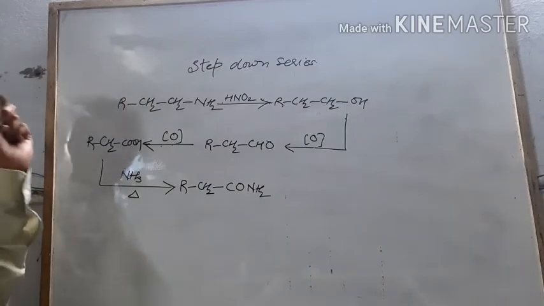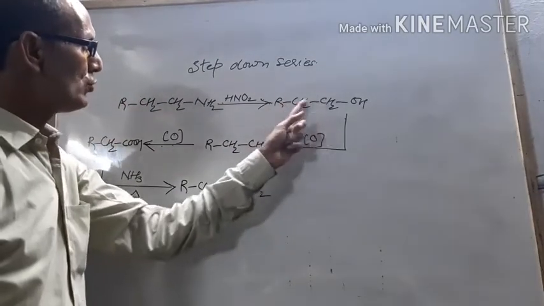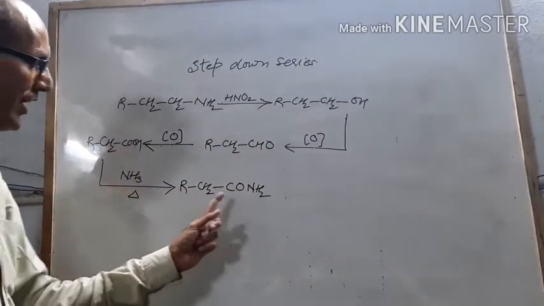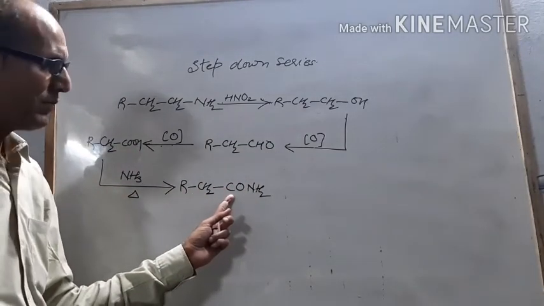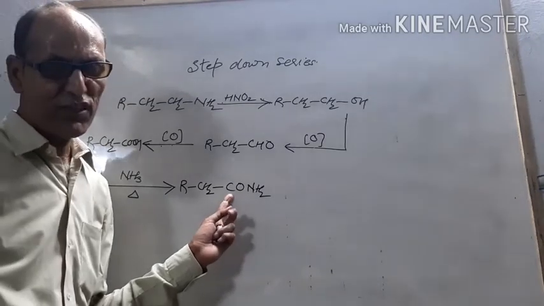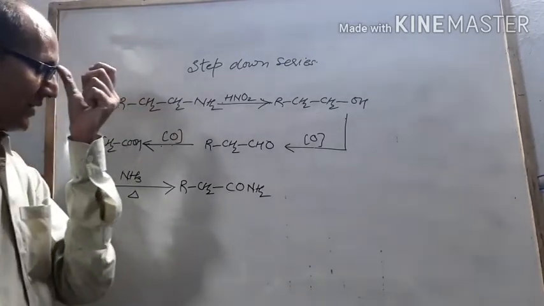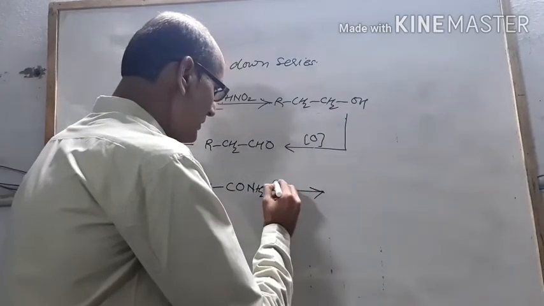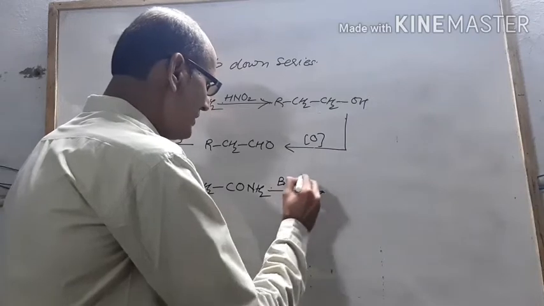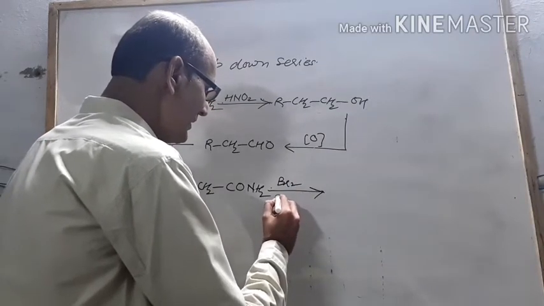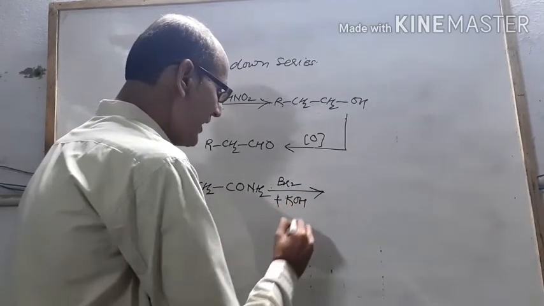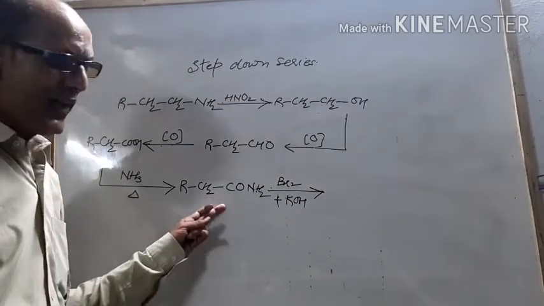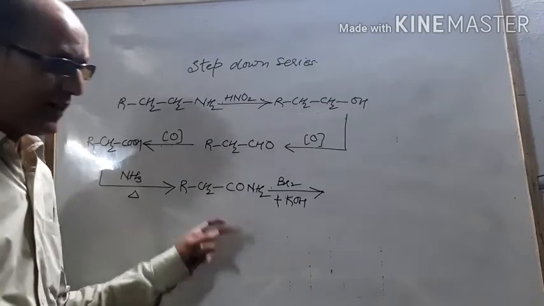Here one step, 2 carbons, here also 2 carbons, 2 carbons and 2 carbons. But the next step is the most important step, in which carbon is going to decrease. This is the Hofmann bromamide reaction. When we react this amide with bromine and any base like KOH or NaOH, amine will form with 1 less carbon.